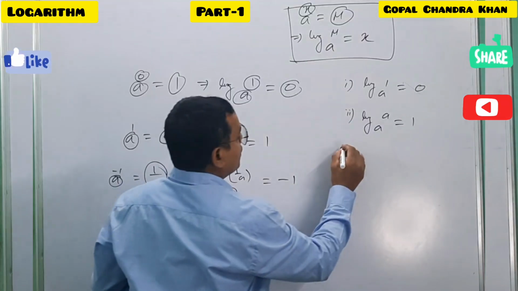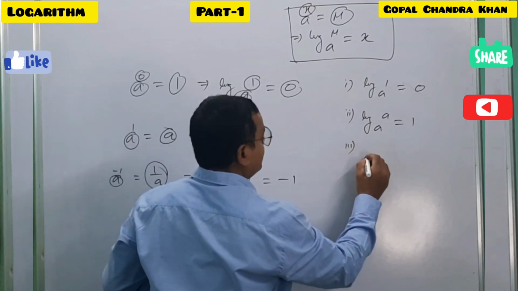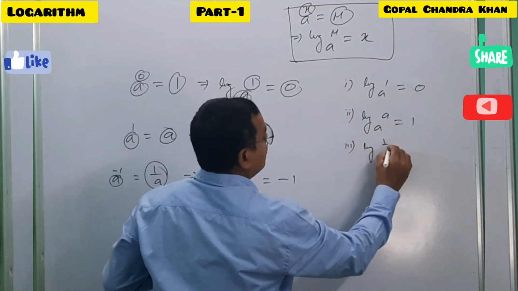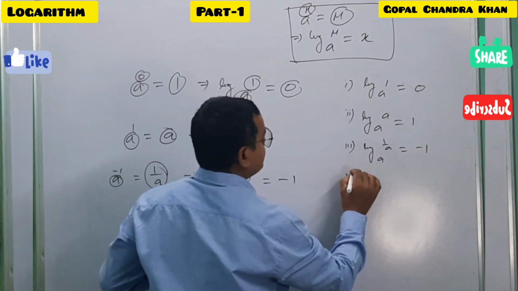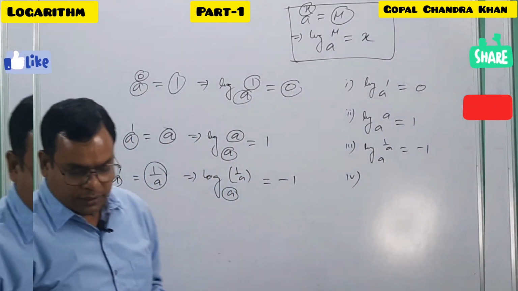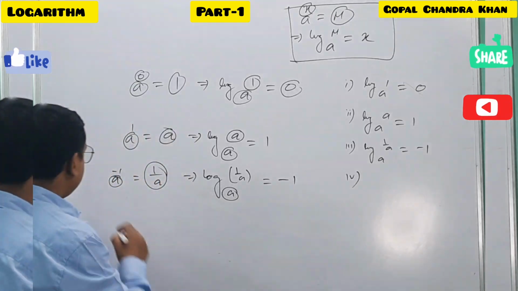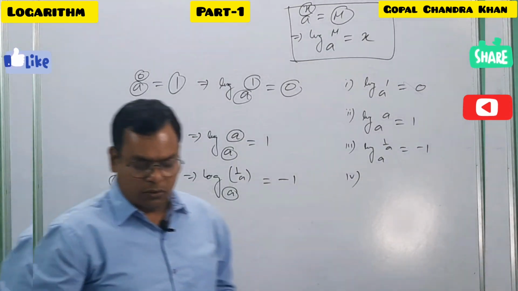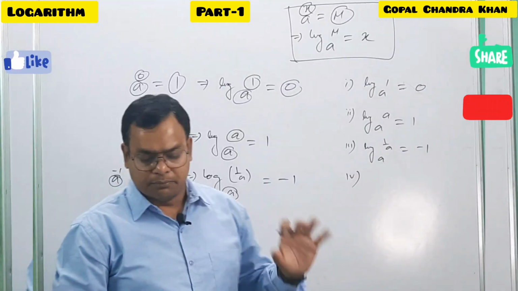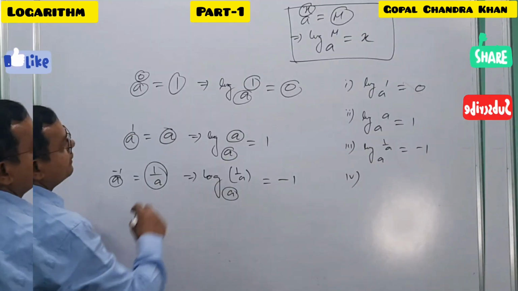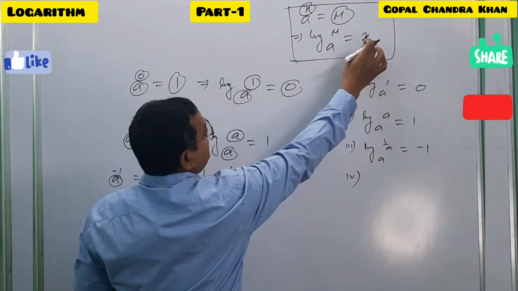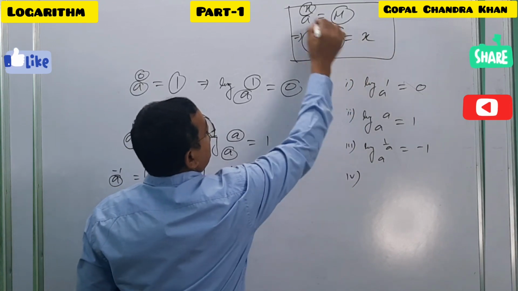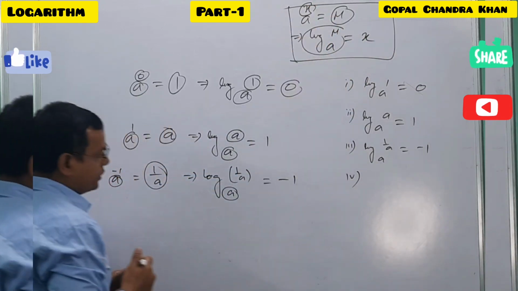So now you got another formula, number 3, logarithm 1 base a equals to minus 1. Okay, now let me see, this is not the only case, many cases we can write this x value. Now can I take this x value and put here, let me show you.